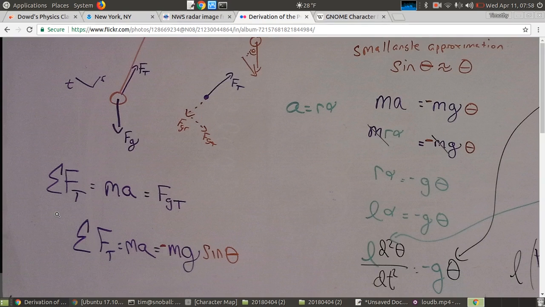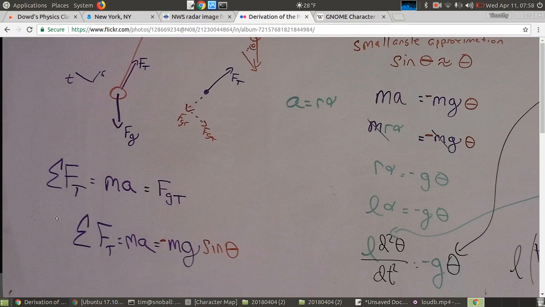And from that little triangle there, we could see that that will be Fg sine theta or mg sine theta. Notice I put the little negative there because the farther we go in one direction, the more acceleration we'll have back the other way. Gravity here is actually going to take the role of restoring force.